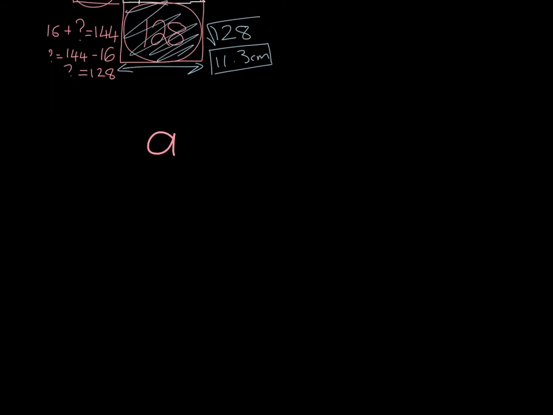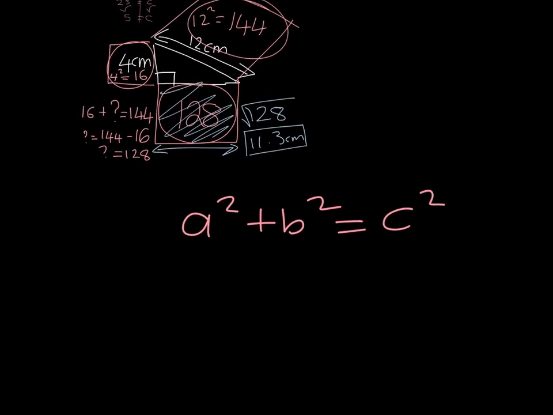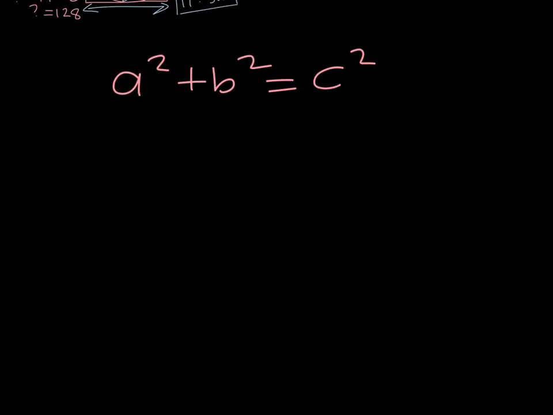If you are good with formulas, so a squared plus b squared equals c squared, you could just pick a to be the length that you knew from the question, which was 4 centimetres. So a was 4 and we squared it. We didn't know what b was, so we can just leave it as that, and then we knew that c was 12.